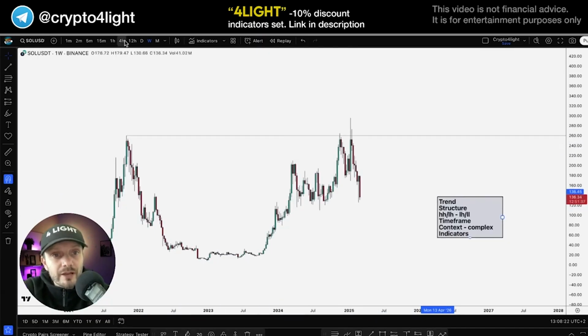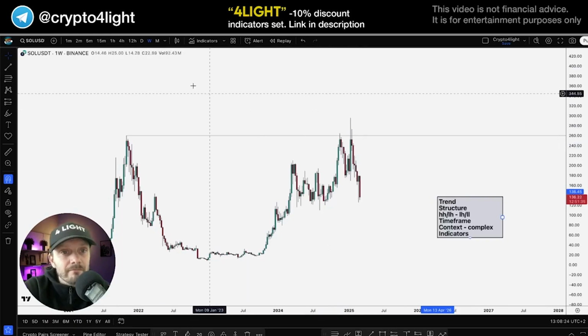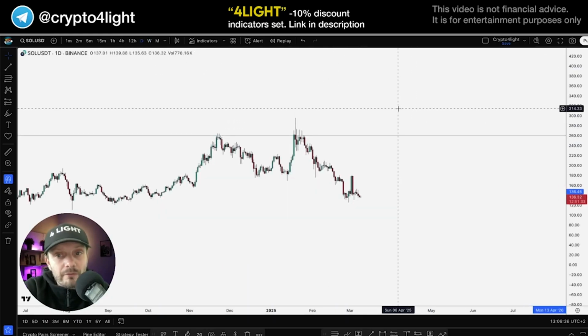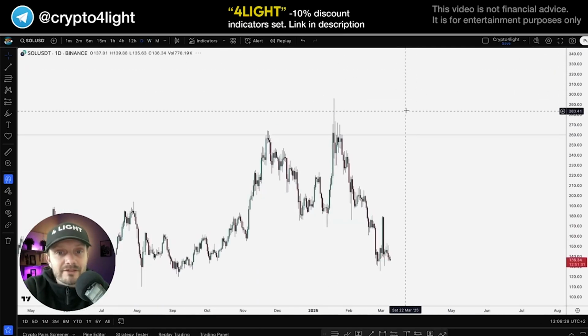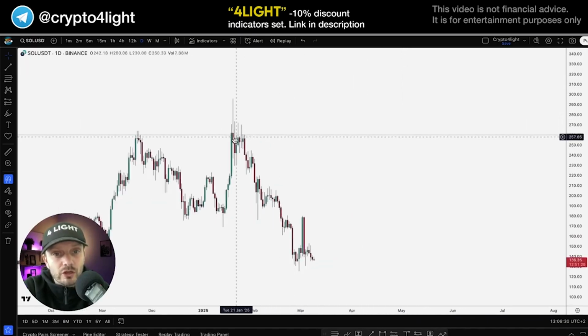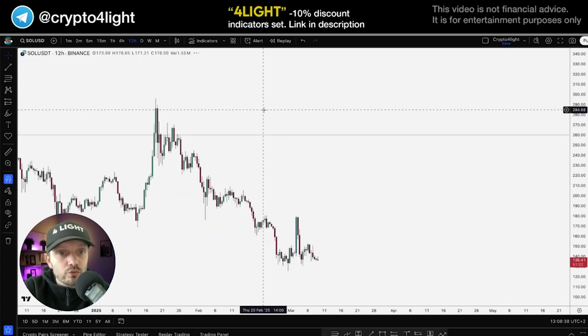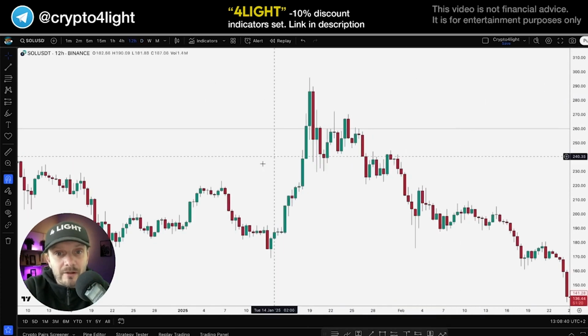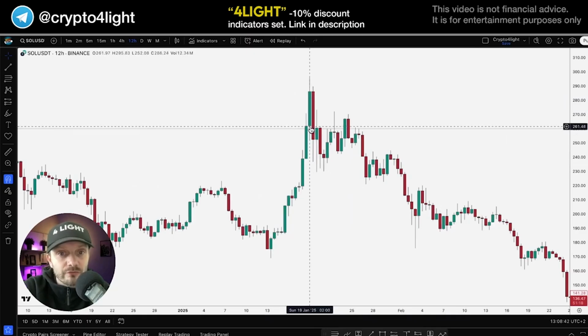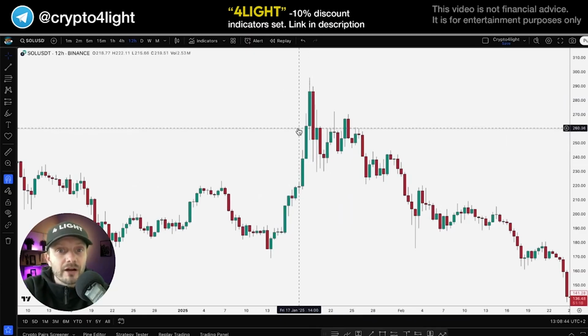On the 4-hour time frame we can see the confirmation. On the daily time frame there is no confirmation. Confirmation, I mean, somebody counts: we have to close a candle, body of the candle, higher than the previous high. Somebody uses the weeks. So take a look. Yes, we pump and close on the 12-hour time frame higher than the previous all-time high.